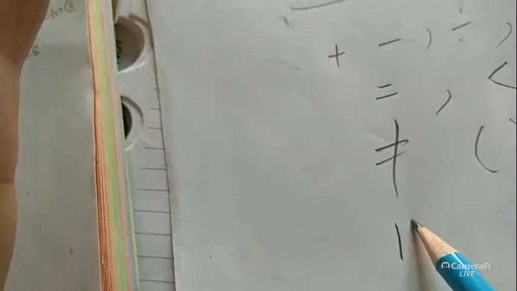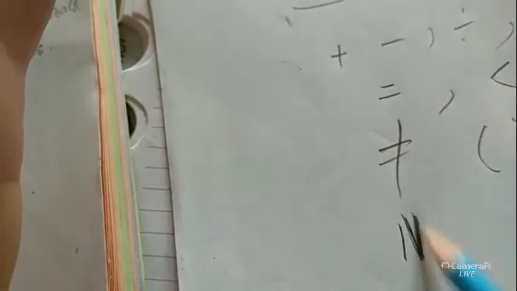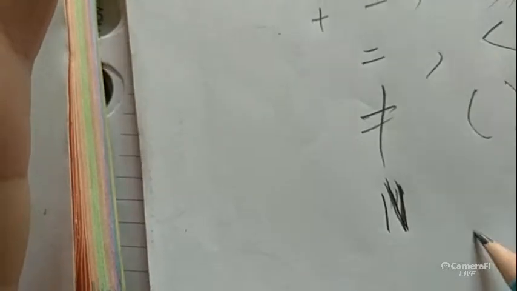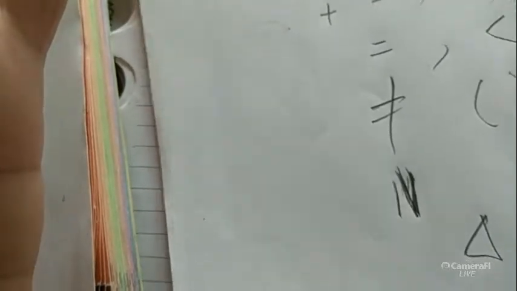And this symbol is for absolute value bars. Then this one is the symbol of triangle, this one is the symbol of parallel lines, then this one is congruent to; we apply this symbol in the chapter to prove congruency.